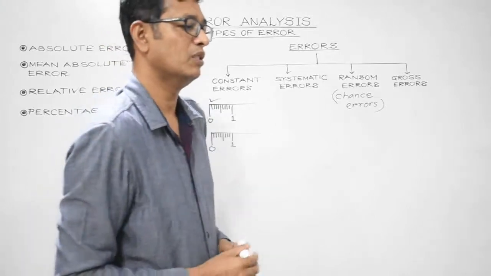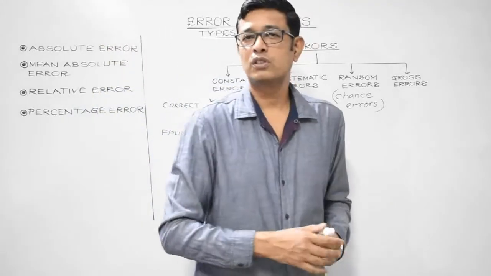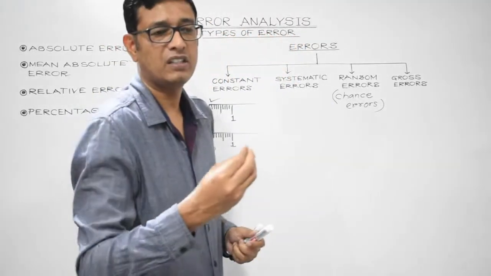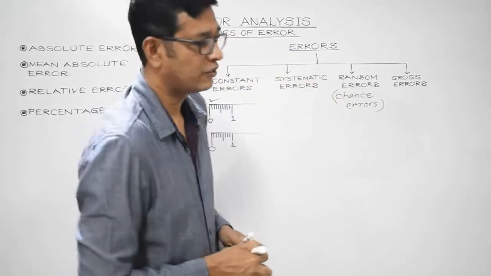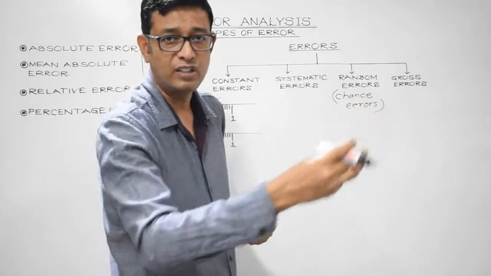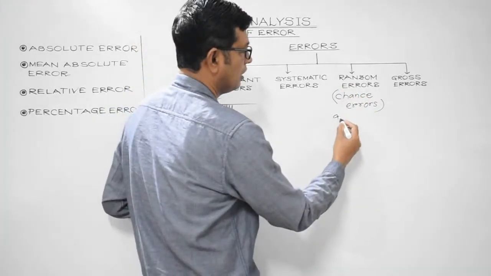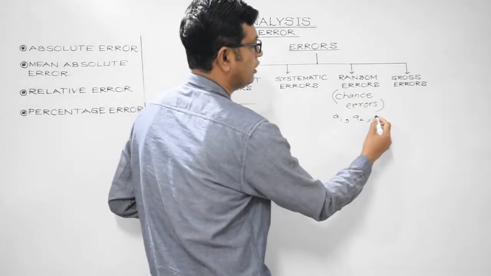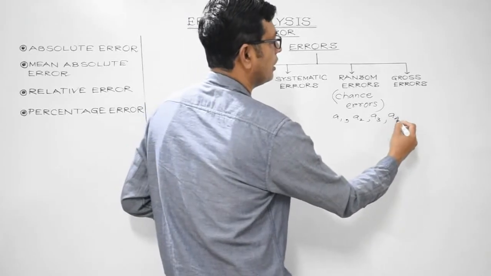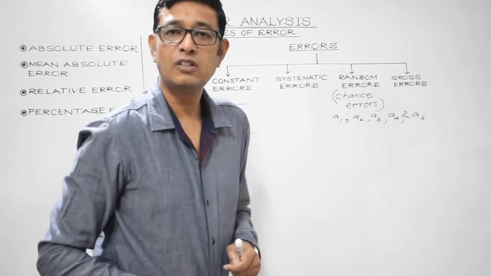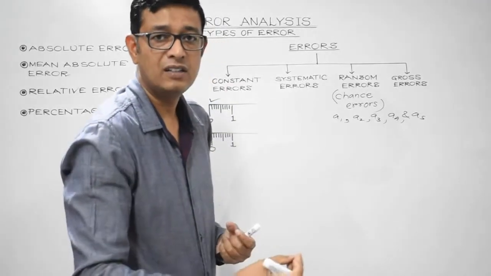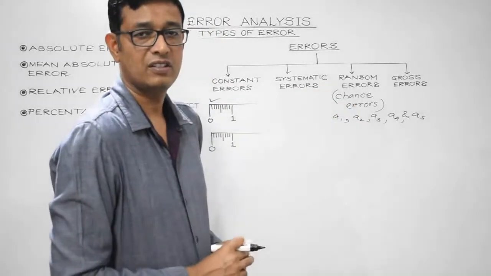I'll give you an example. Suppose we need to experimentally determine the value of a physical quantity. Its values measured in a series of observations are, suppose, A1, A2, A3, A4 and A5. Suppose these are the observed or experimental values obtained in a series of observations.